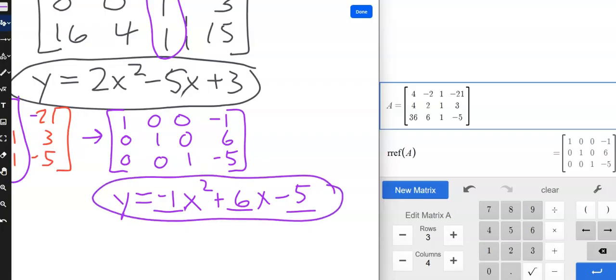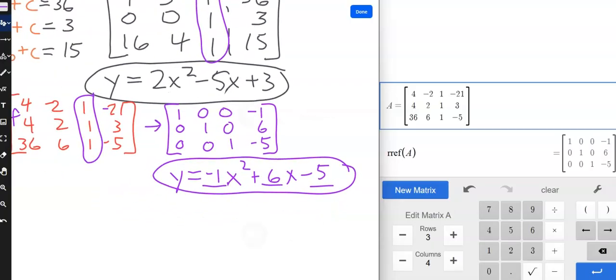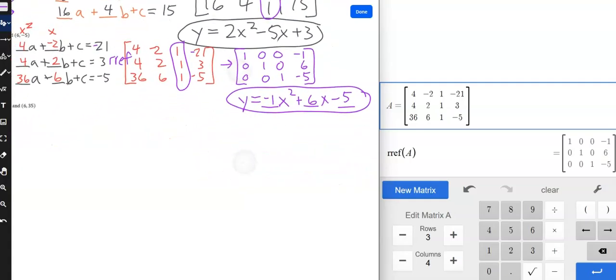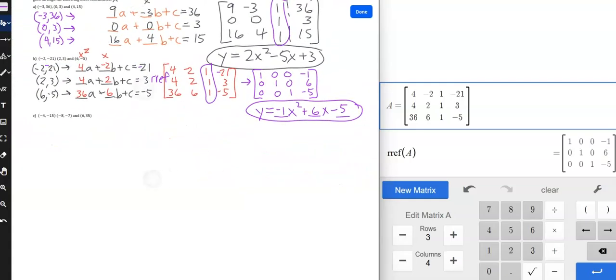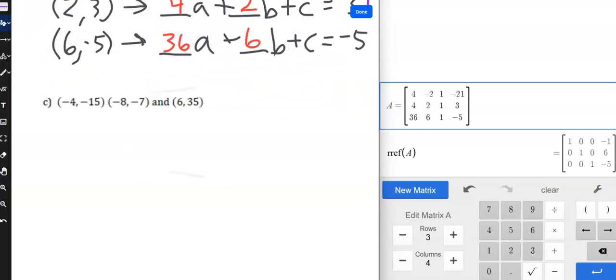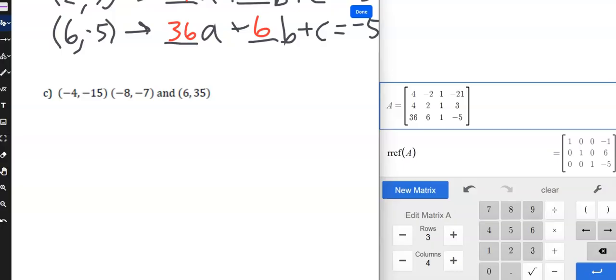And there's your answer for the second one. All right, let's do another one here. Very, very important that we do not copy these down incorrectly the way that I did the last one.